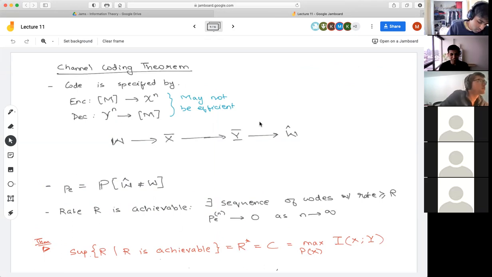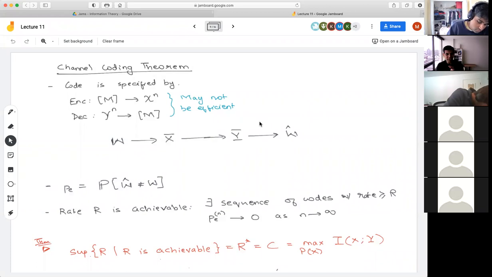But to define achievable, let's say it a little more carefully. First of all, we say a rate R is achievable if we have a sequence of codes, maybe with n increasing, whose rate is at least R, and the probability of error goes to 0.